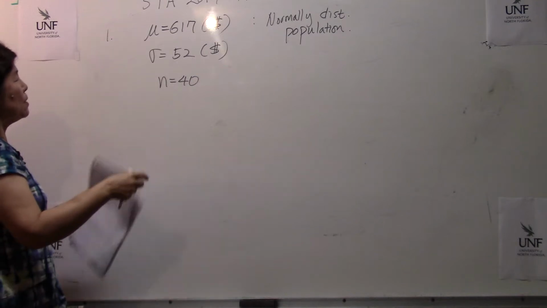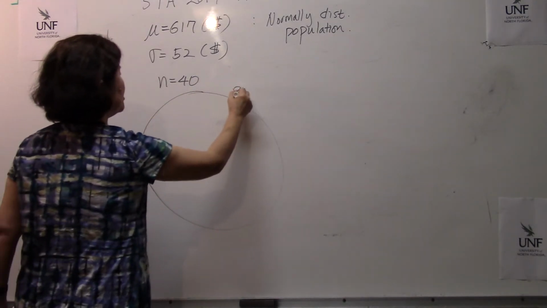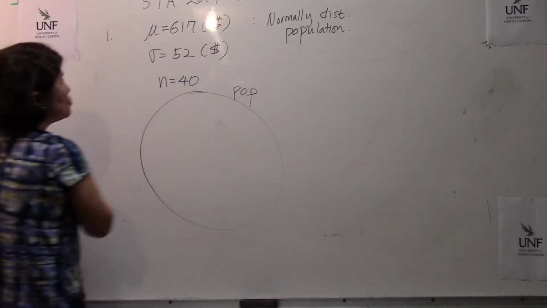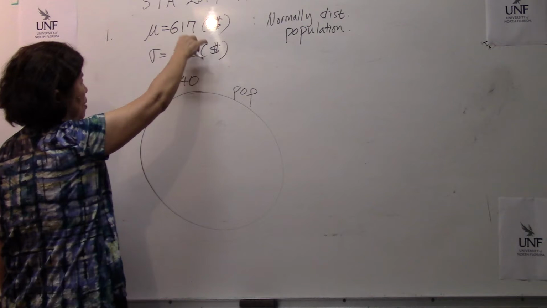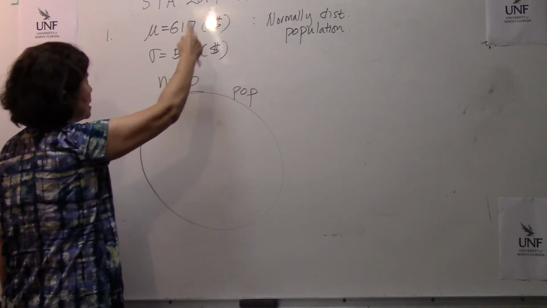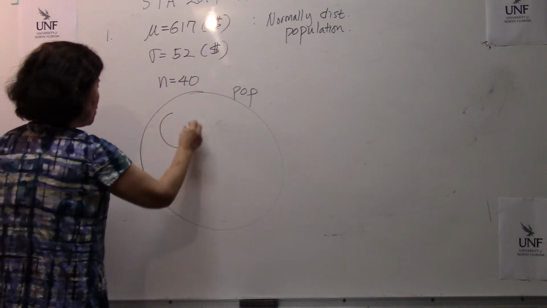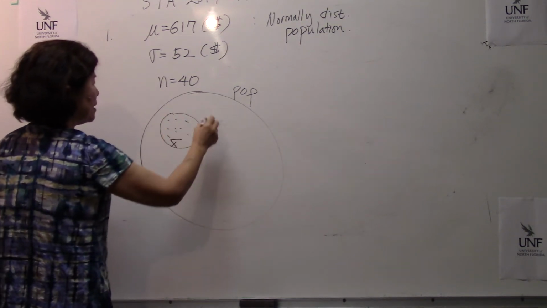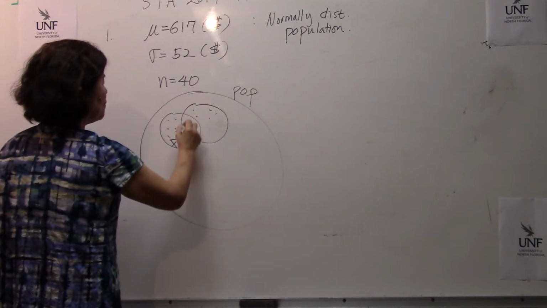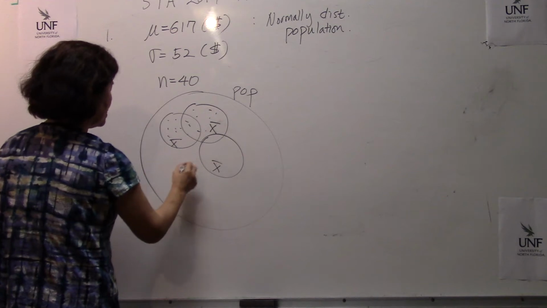Okay, so what is going on over here? This is a population, American drivers, and they spend this much money on average on their insured vehicles. So n equals 40 means you take a sample of 40 and take a mean of that. You take another sample of 40 and take another mean, and another mean, and another mean.